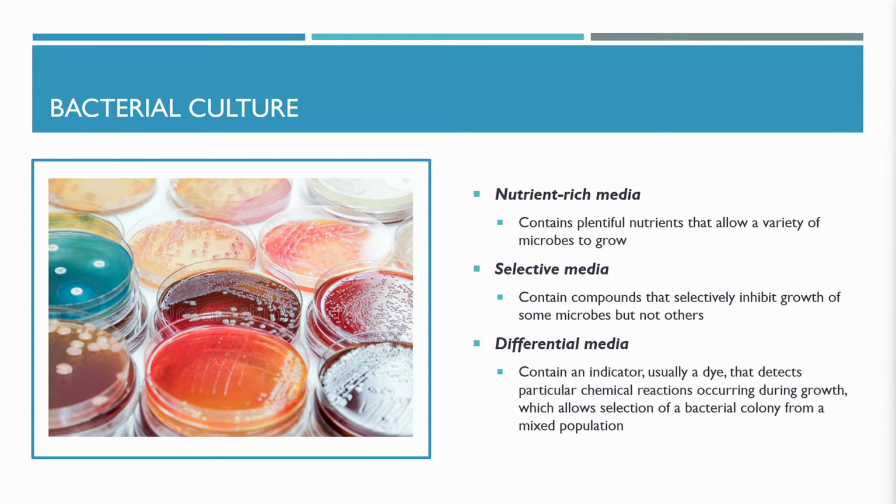And then anything else that's non-lactose fermenting can't pick up this dye, and so they grow regularly. So they can both grow. They're both gram-negative because they're selected for, but you can differentiate them based on one of them having the ability to ferment lactose and picking up that dye and changing its color as it grows. Does that make sense?